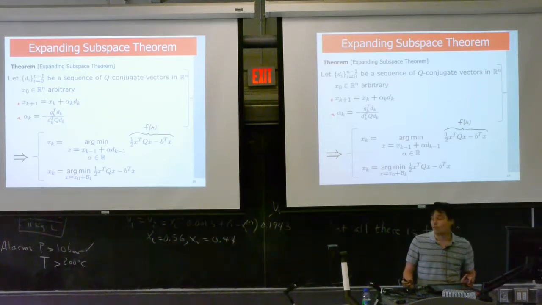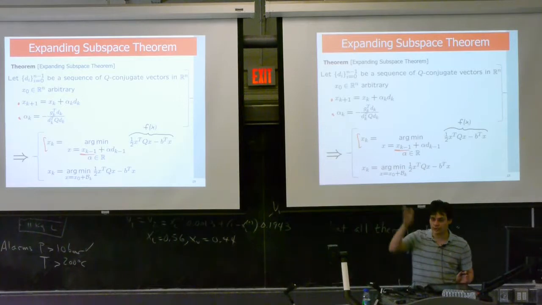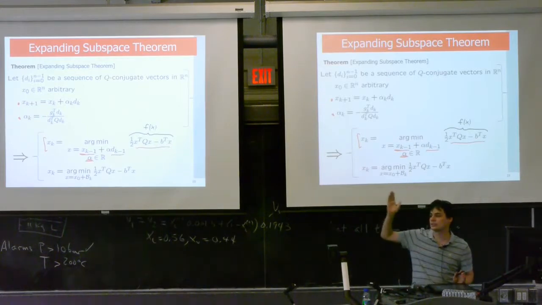Then what actually happens is that at iteration k, xk is a minimum on this line, that is the previous point, xk minus 1, and you go in the direction dk minus 1, and you just need to find that alpha that minimizes this function. So you restrict your minimization to a one-dimensional minimization.